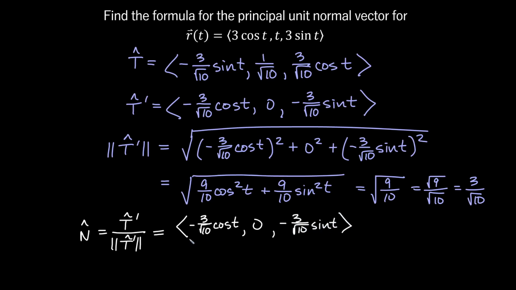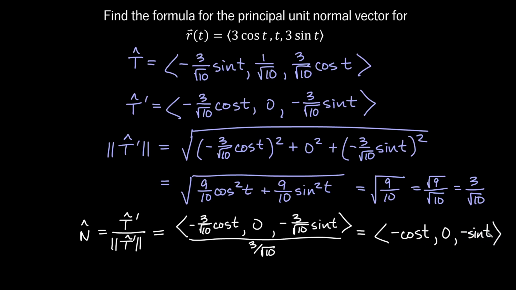And all of that is going to be divided by this 3 over root 10, the magnitude of t hat prime. Now I think you can see for each of these non-zero terms, when we divide by this constant, we're going to get rid of those. So we'll actually just get negative cosine of t, comma 0, comma negative sine t.